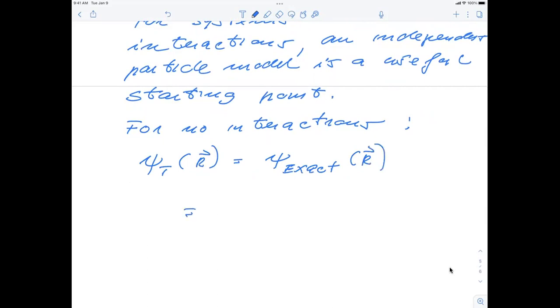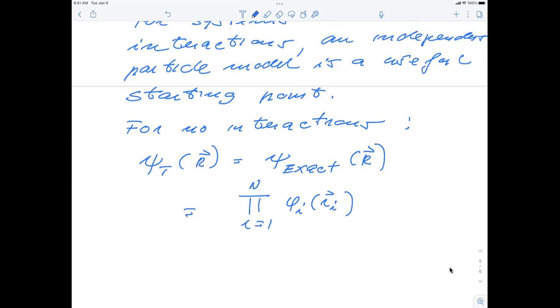So this is going to be a product, i equal 1 up to N. Just think of the plain harmonic oscillator. So this is going to be a ψ_i, a function which depends on the single particle degrees of freedom, so that is going to be an r_i.